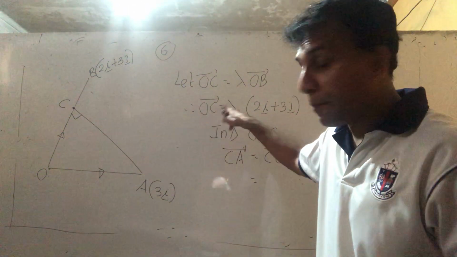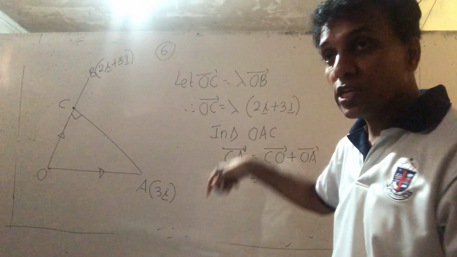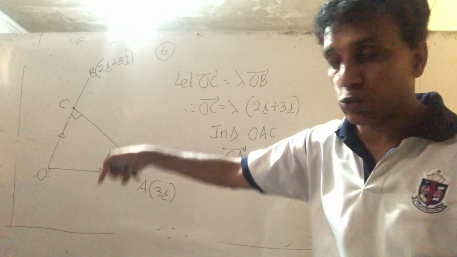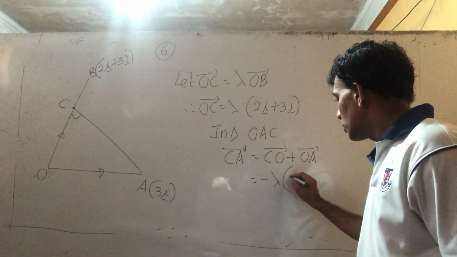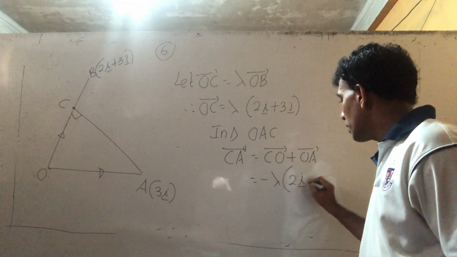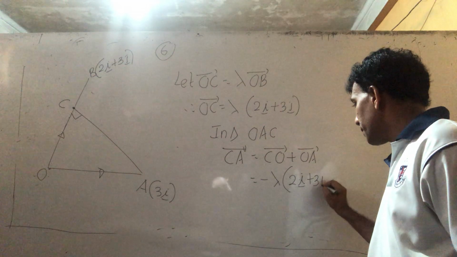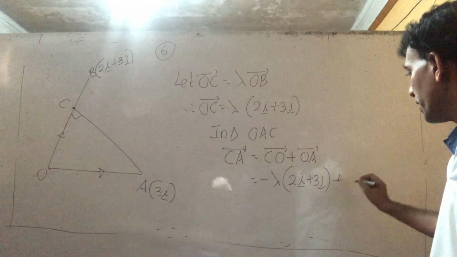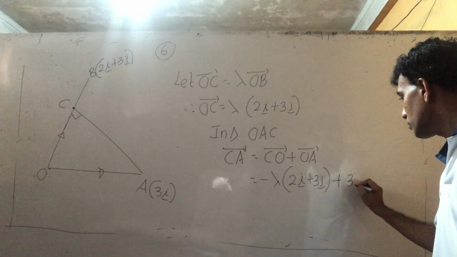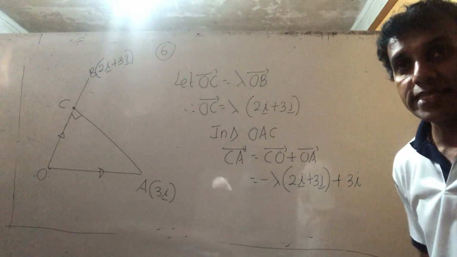What is CO? Actually, OC is lambda times this. Therefore, CO means the reverse arrow, negative: minus lambda times 2 vector i plus 3 vector j, plus OA, which is 3i.